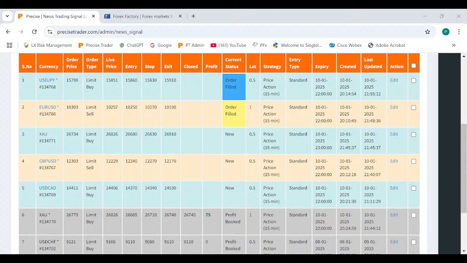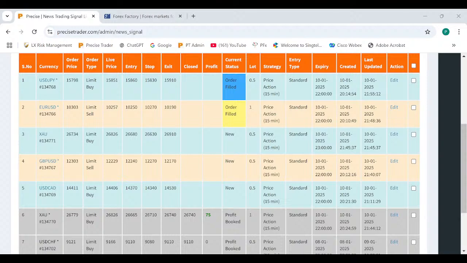Pound is also not filled and is going to expire in 1 minute. Then we are trying to buy gold at 68, half lot, on the 2300 hours. Then we are holding euro and dollar yen: euro one lot, dollar yen half lot.